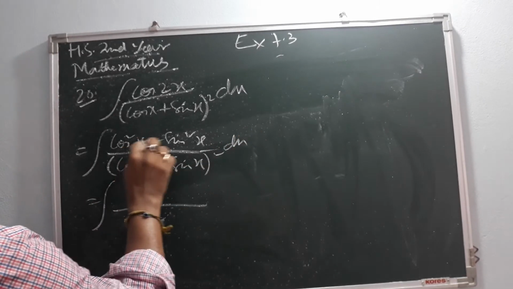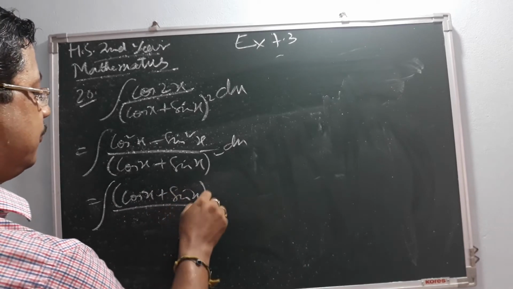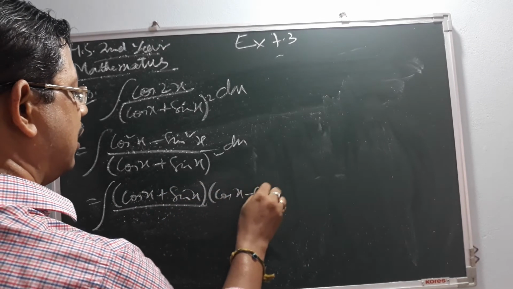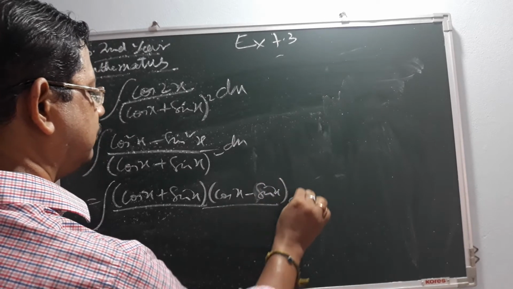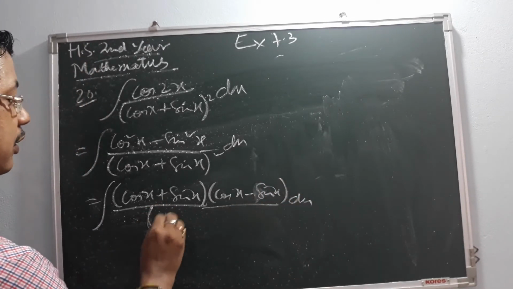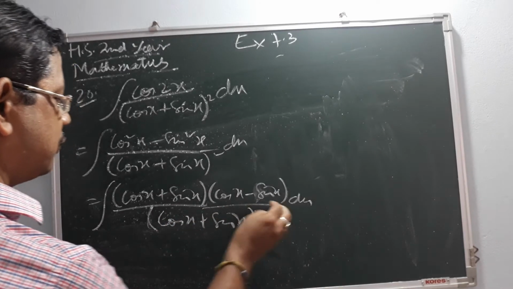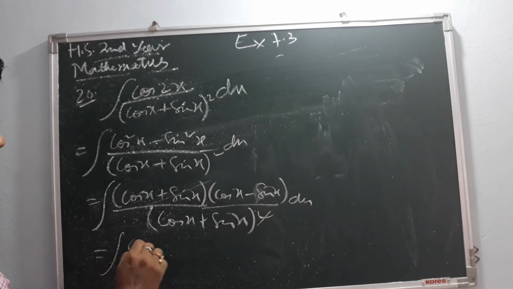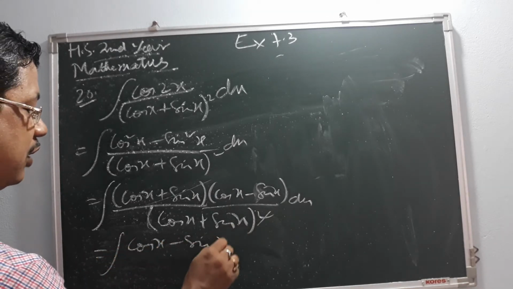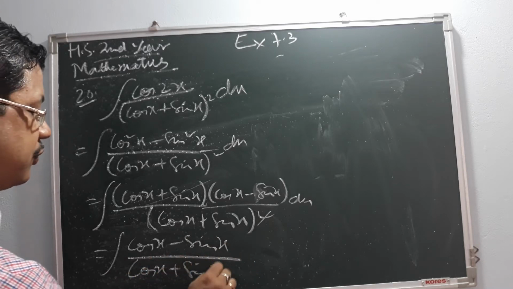This can be written as a square minus b square formula. So (cos x plus sin x)(cos x minus sin x), and here (cos x plus sin x) whole square. So one factor will cancel and we will get cos x minus sin x in the numerator, and the denominator is only cos x plus sin x dx.